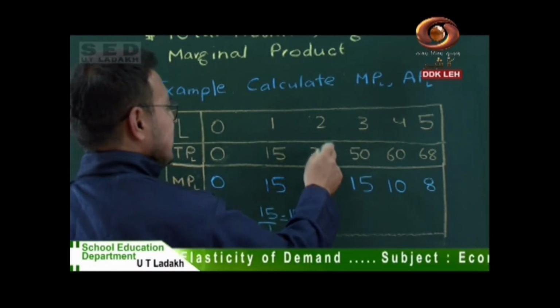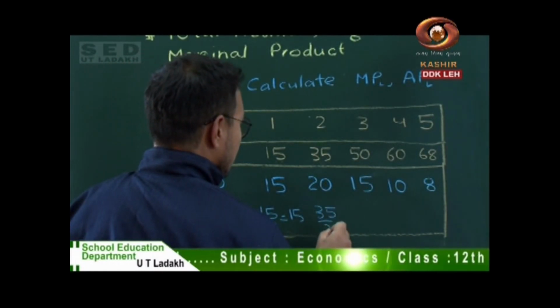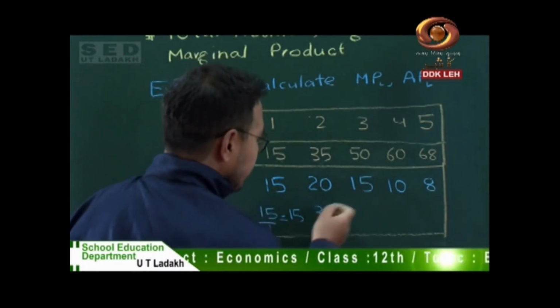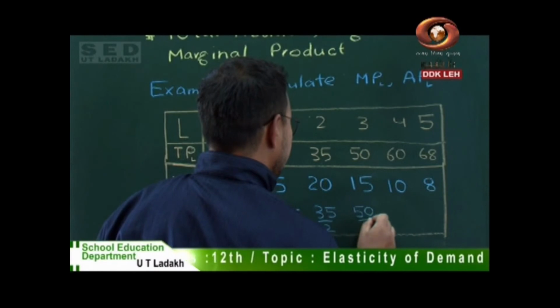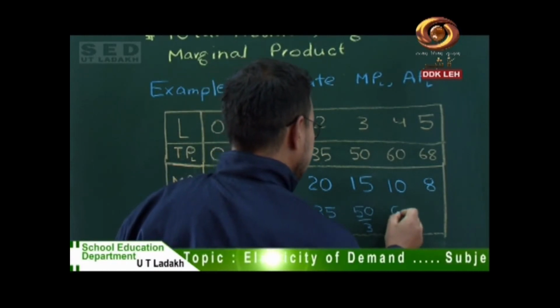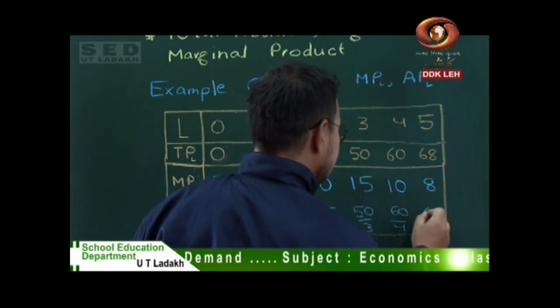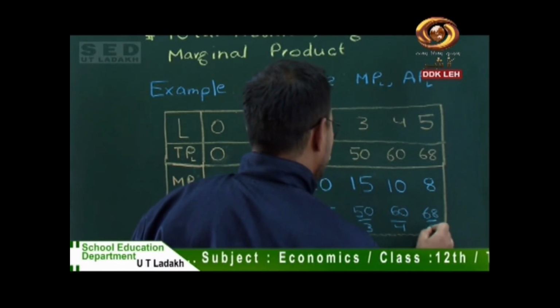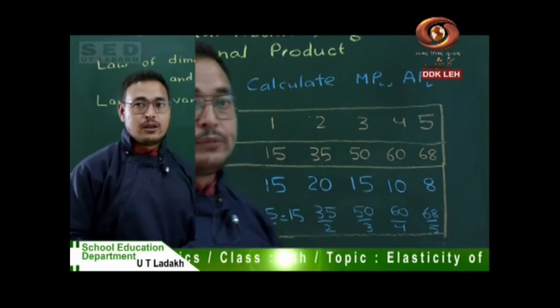For the second, it's 35 divided by 2. You can calculate it. And for the third, it is simply 50 divided by 3. Fourth, it is 60 divided by 4. And for the final one, it's 68 divided by 5. If you solve all this, you will get the APL.